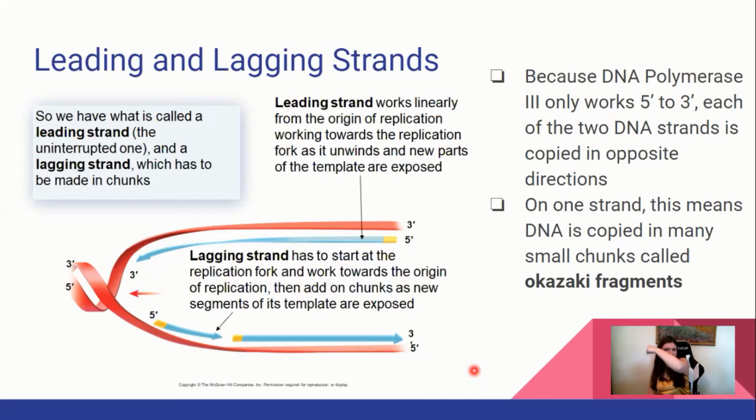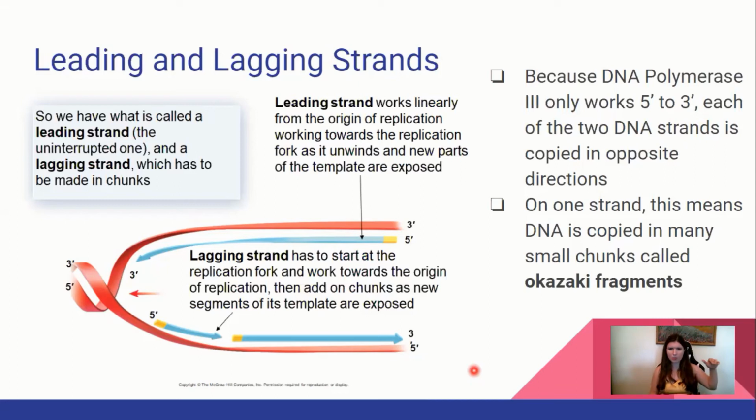It's going to have to jump back every time helicase opens up more DNA. So that strand with the little different fragments, the little different chunks caused by the doubling back, is called our lagging strand. And the little chunks that DNA polymerase 3 is making are called Okazaki fragments.